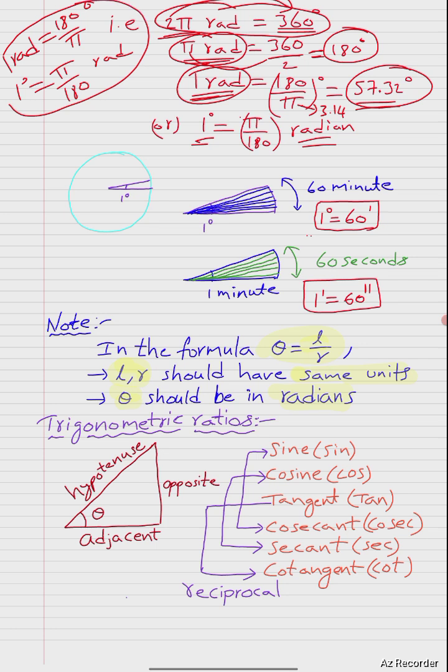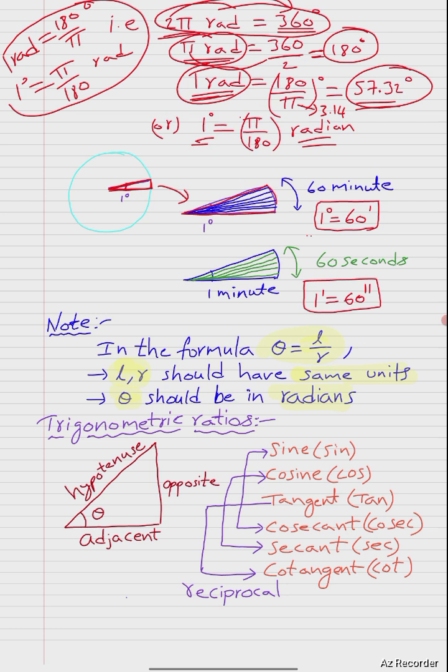Okay, now let us learn about the other units of degree, which are minutes and seconds. Here I will take 1 degree out of 360 degrees in the circle. Let us suppose this represents 1 degree. Now this 1 degree I am further dividing into 60 parts.